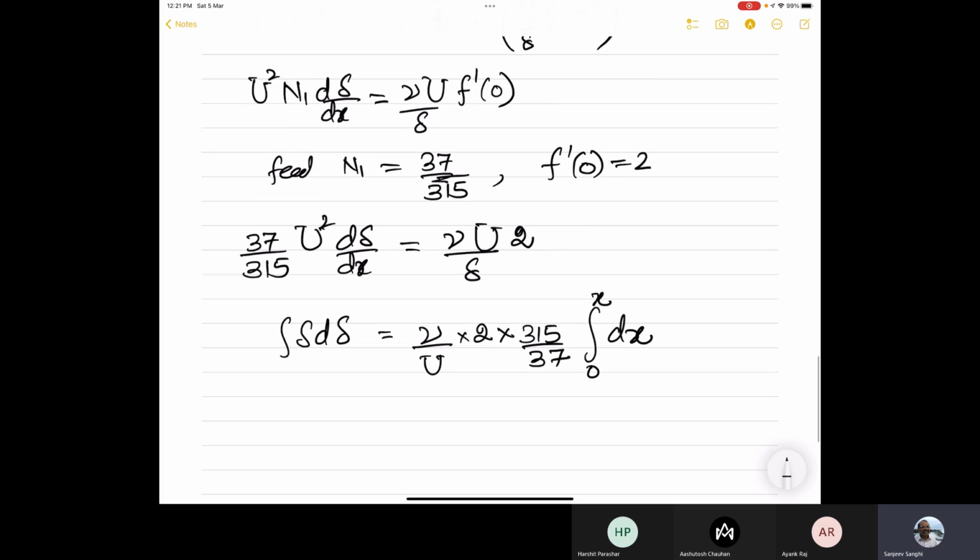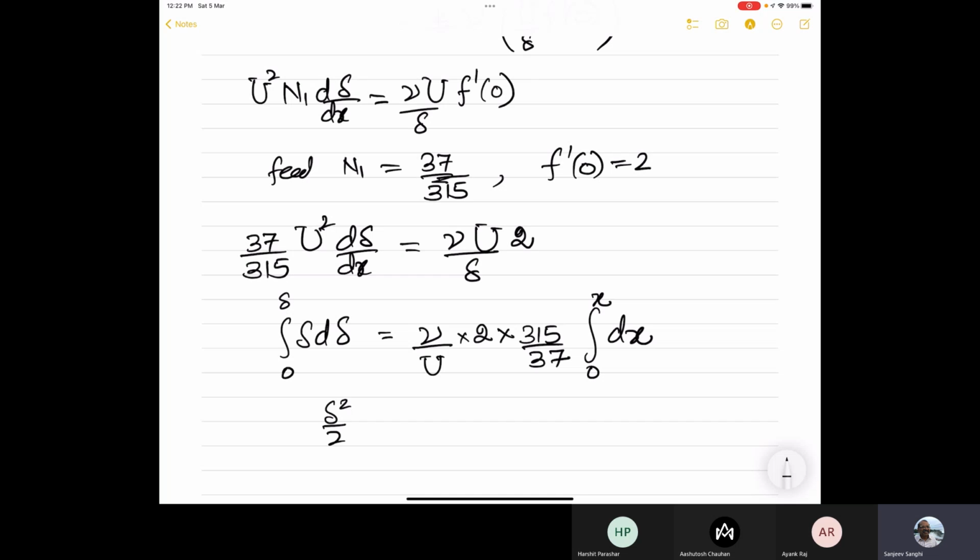I've done the separation of variables and integrated, and this, when you do, will become delta square upon 2. The limit is at x equal to 0, where we assume the boundary layer thickness is 0, and at x, it is delta.